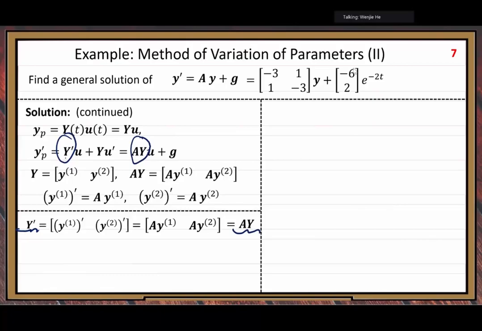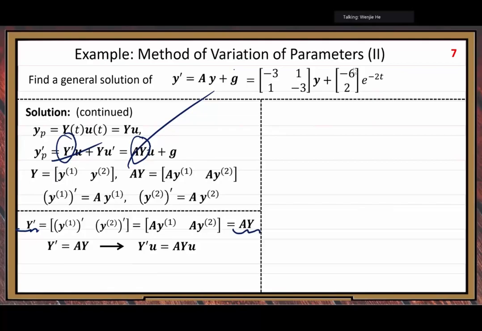after we complete this much work, we can simplify the equation. So this is our key equation.